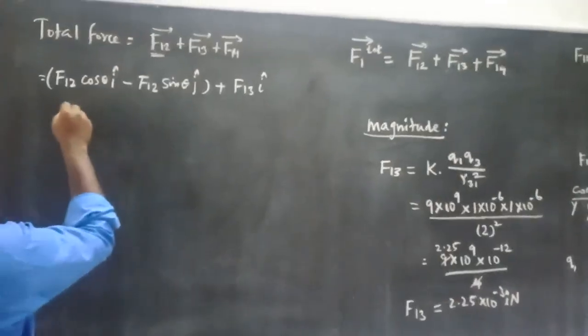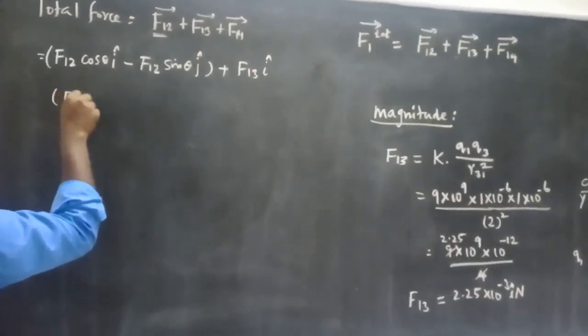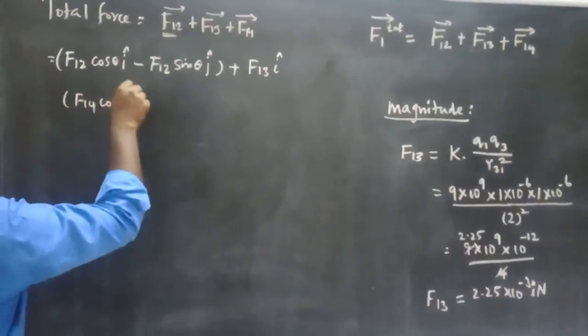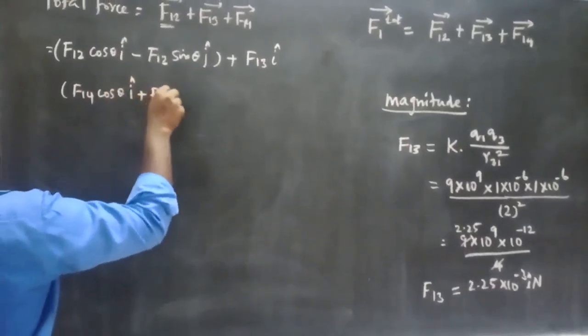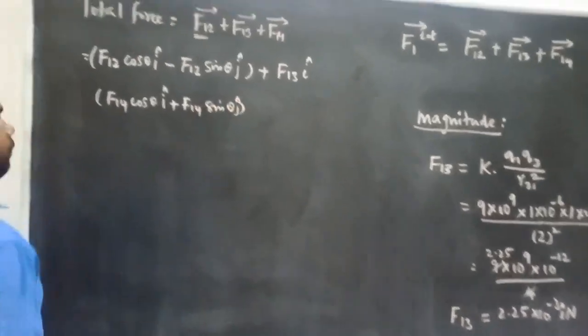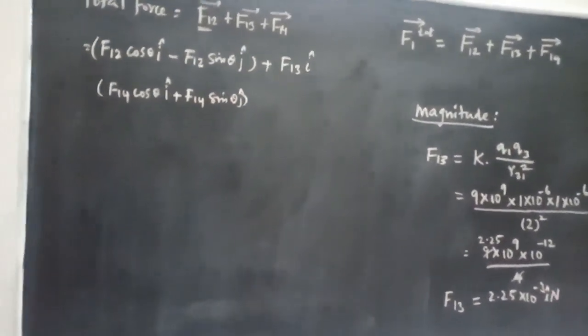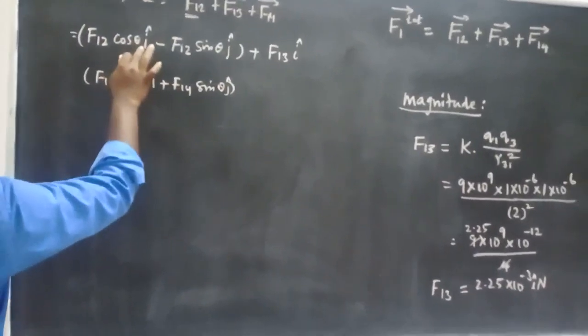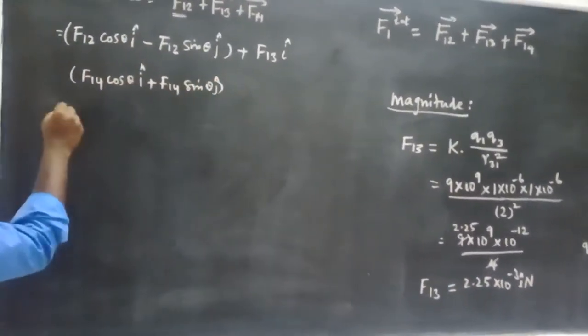Then the value of F14 is F14 cos theta i cap plus F14 sin theta j cap. So you can separate the components of i and j separately.